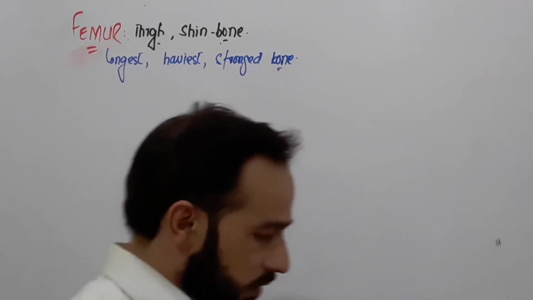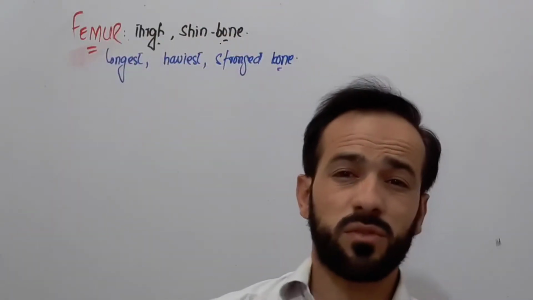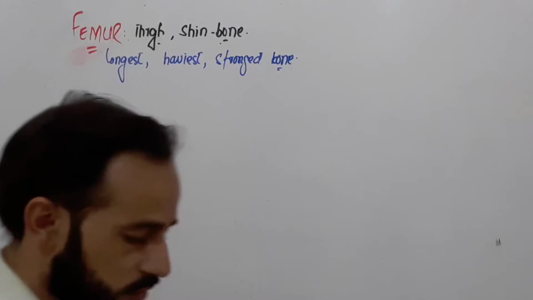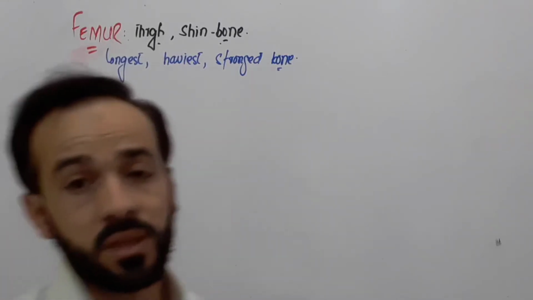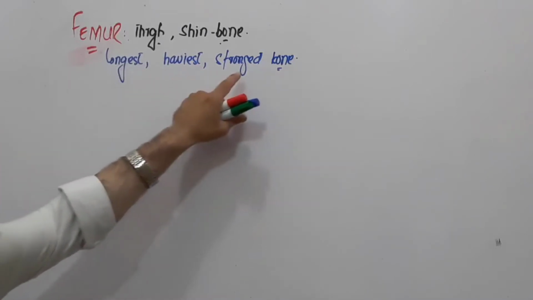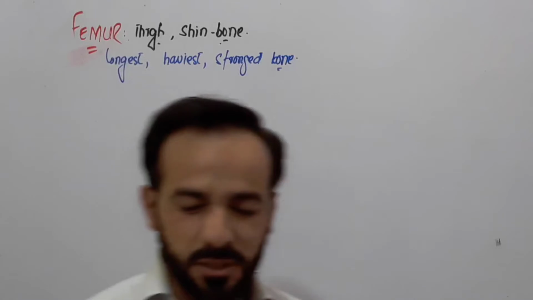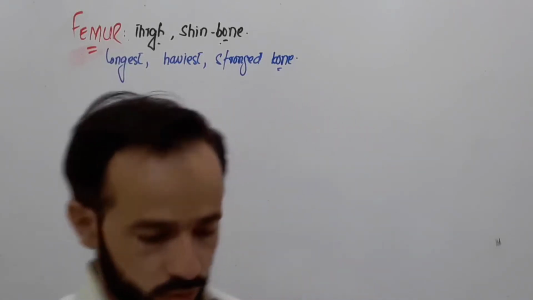We do have other strong bones also, and the skull bones are the strongest bones of the body, but the femur is the weight bearing bone. We can say that the strongest, the heaviest, the largest, the longest, and the weight bearing bone of your body is called the femur bone.